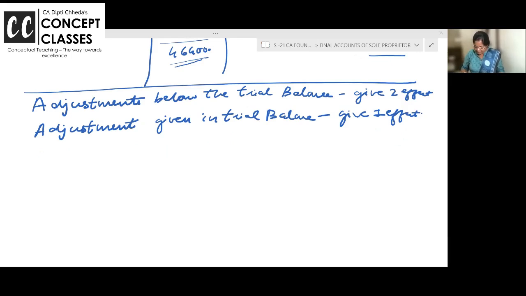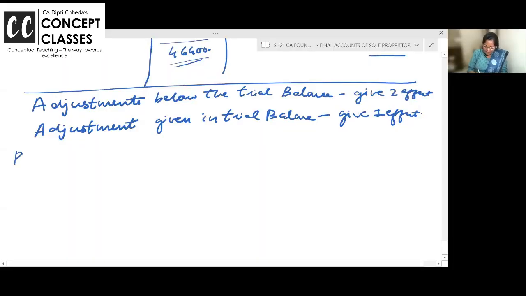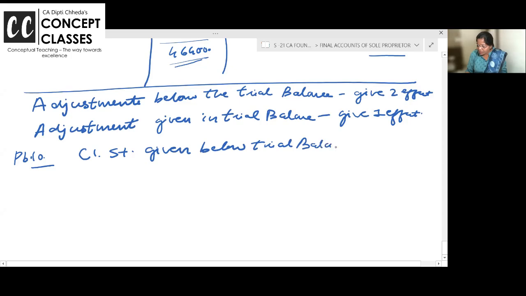Problem number 10 we are doing. They have said that closing stock is given below the trial balance. Write down, all of you.